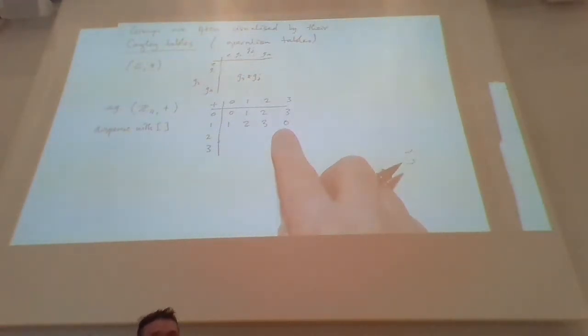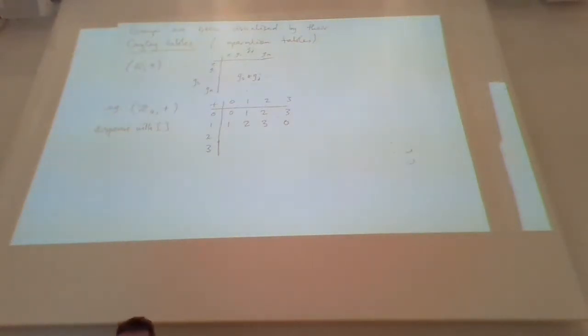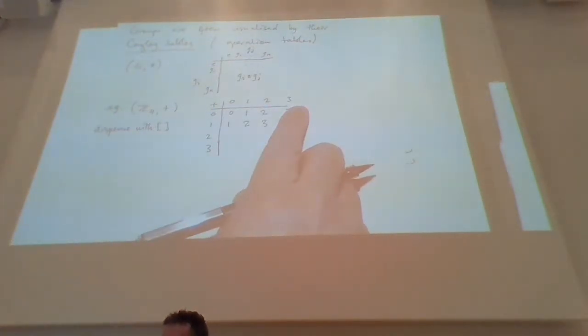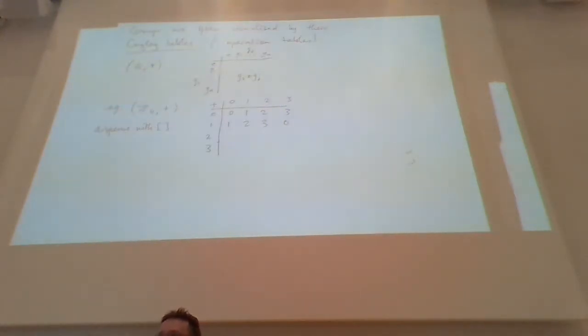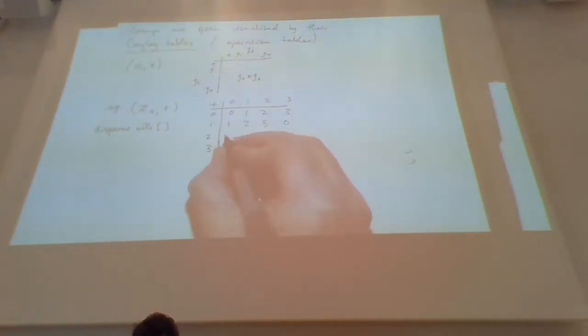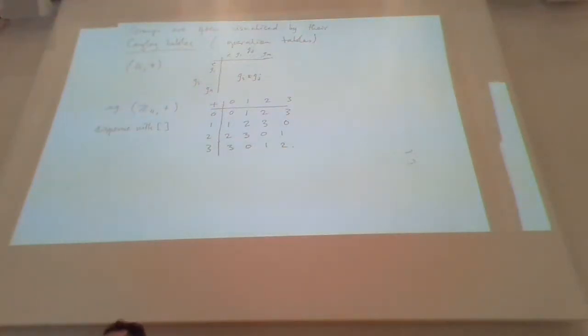It's not, strictly speaking, incorrect to write a 4 here, but we recognize that the congruence class of 4 is the same as the congruence class of 0 modulo 4. We've got a set of symbols already for the 4 congruence classes, and we don't want to keep renaming them. We'll use these names all the time. So you get 2, 3, 0, 1, 3, 0, 1, 2.